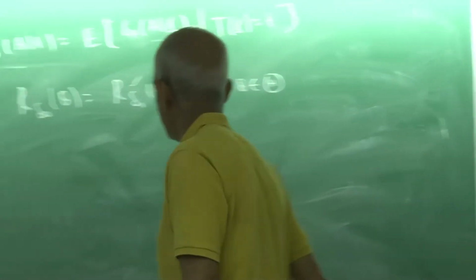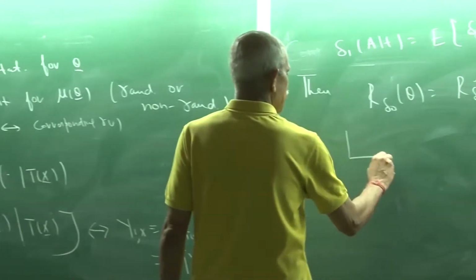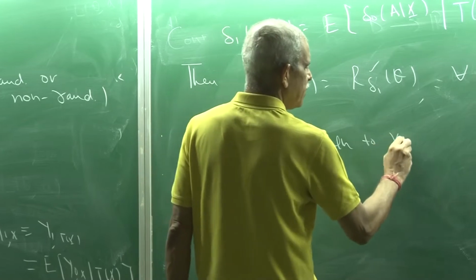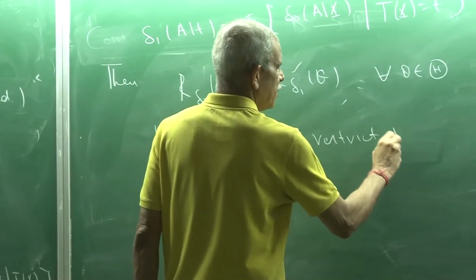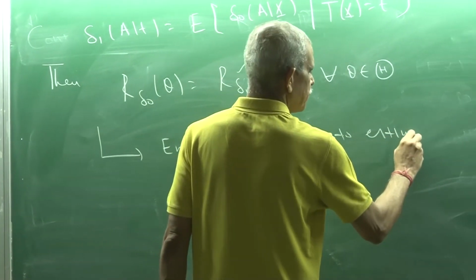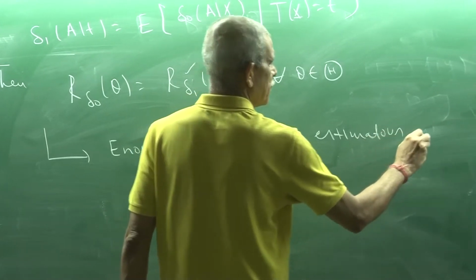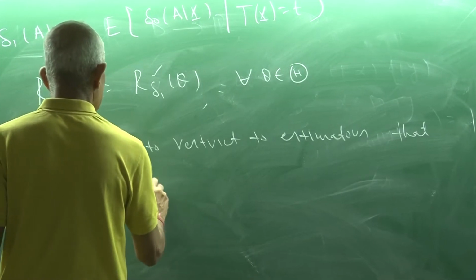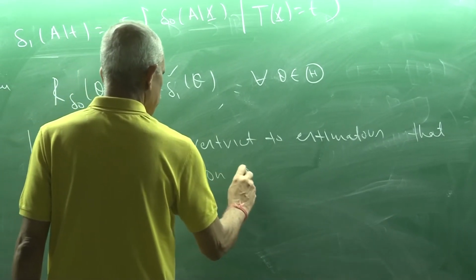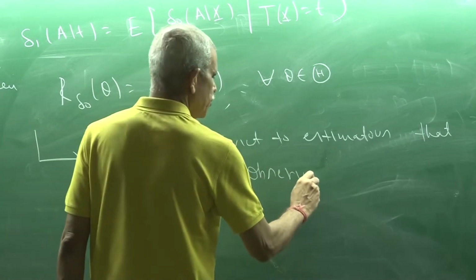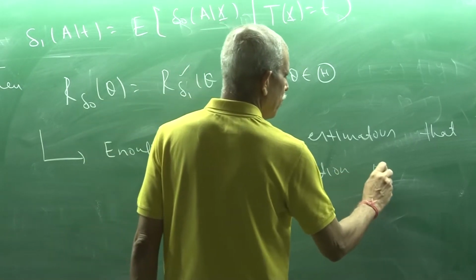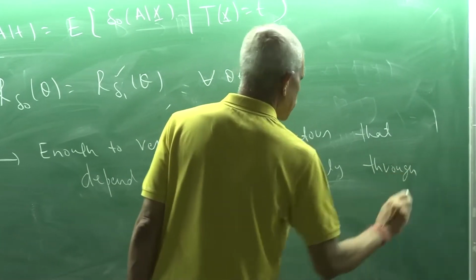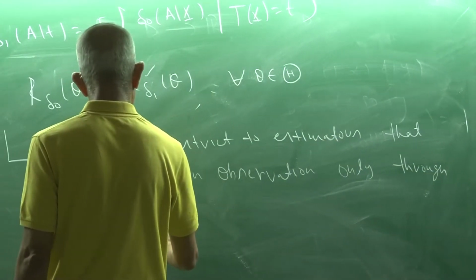So what this suggests is, it is enough to restrict to estimators that depend on observation only through minimal sufficient statistic.